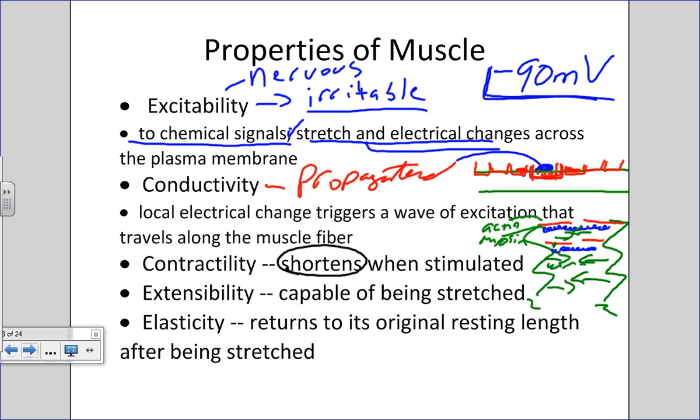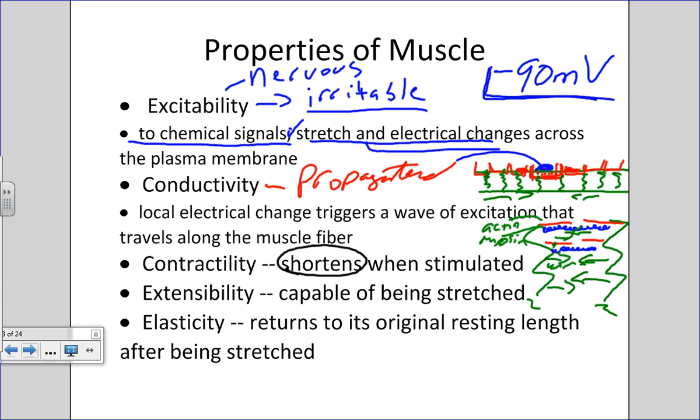And remember, muscle cells are loaded with sarcomeres, all these contractile units. So the entire cell is going to shorten. If we stimulate muscle cells to contract, the muscle itself is going to become shorter in length, and it's going to generate force and pull on a tendon so we can have movement take place.